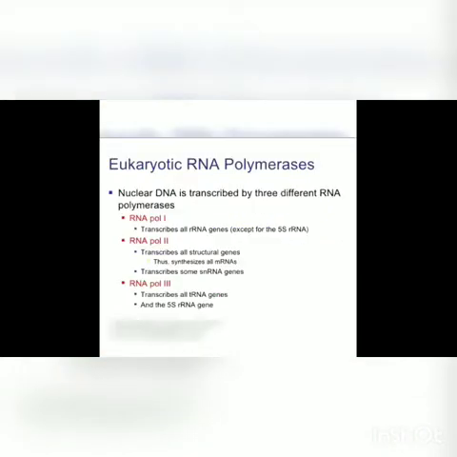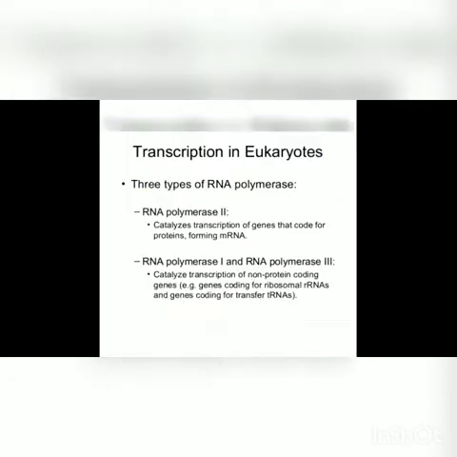RNA polymerase 1 transcribes rRNAs, whereas RNA polymerase 3 is responsible for transcription of tRNA. And RNA polymerase 2 transcribes the precursor of mRNA and the heterogeneous nuclear RNA. So these are the functions of RNA polymerase 1, 2 and 3.